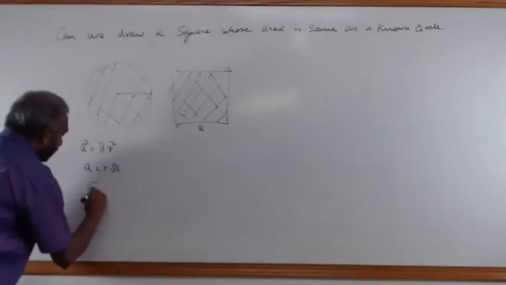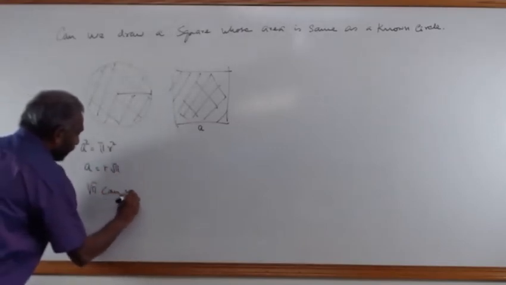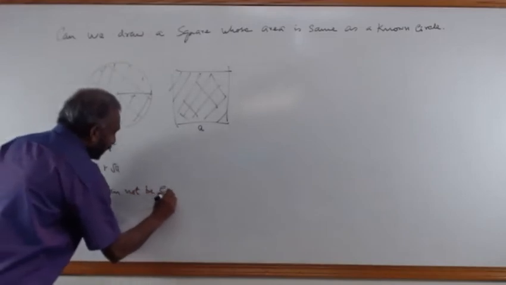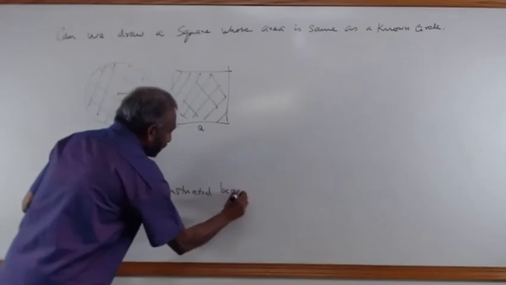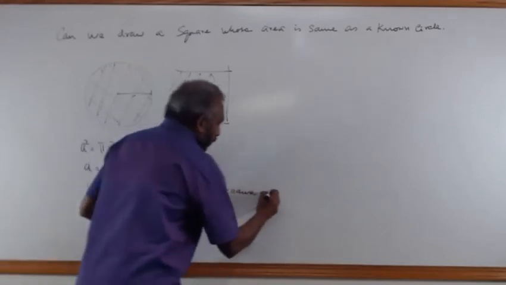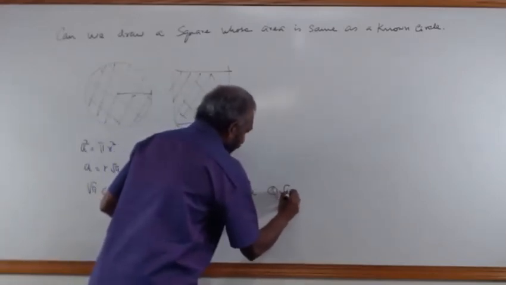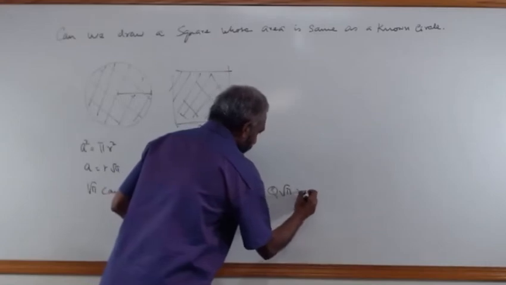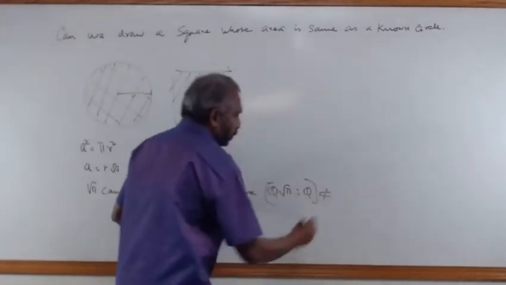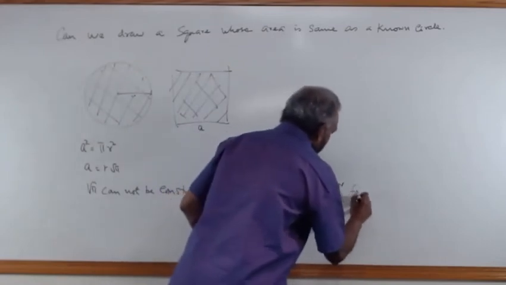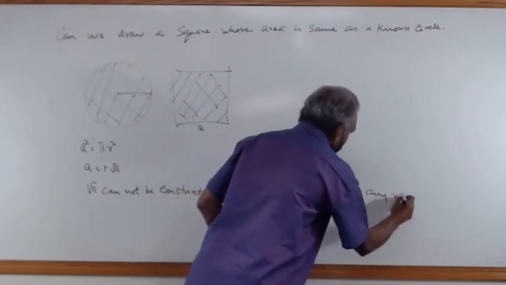Root pi cannot be constructed because the degree of Q(root pi) over Q cannot be equal to 2 to the power of r for any r.